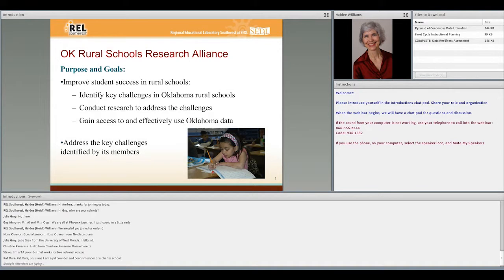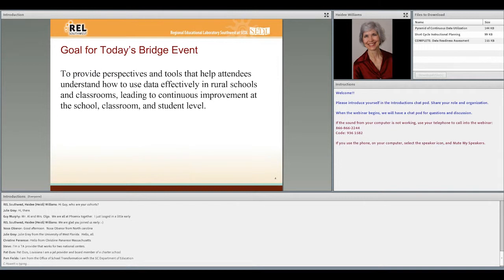The Oklahoma Schools Research Alliance has several purposes and goals, and as you can see, they're focused on improving student success. And this particular webinar is going to be looking at how to look at data and use it effectively. And as you note by the bottom bullet, these challenges were identified by the Alliance members, and that's how the alliances are driven, is we visit with them and they tell us what is important, what we need to focus on.